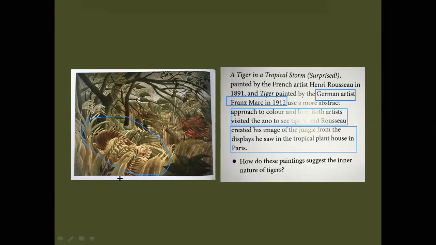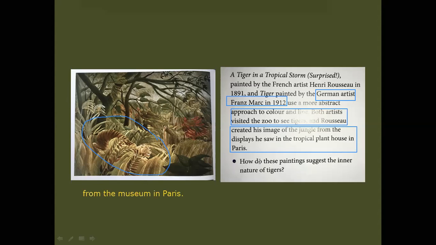So where did he get this picture from? He found his idea in Paris, at the tropical plant house.